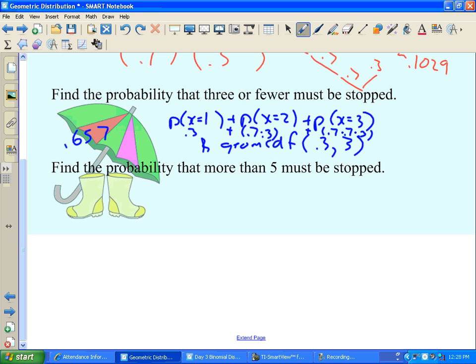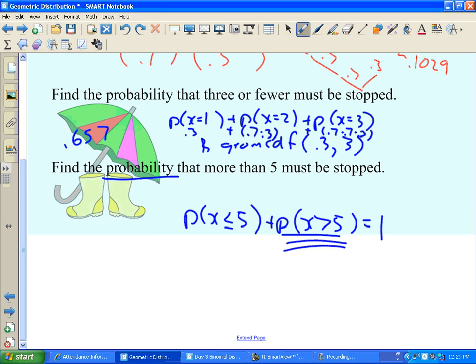I am going to use what I know about complementary events. If I go probability that x is less than or equal to 5, plus the probability that x is greater than 5, doesn't that have to sum to 1? Does that make sense? And isn't this problem asking me the probability that x is greater than 5? Sorry, I said equal to.